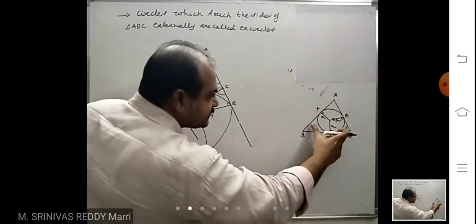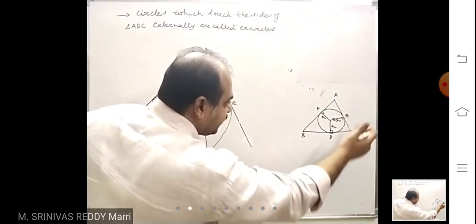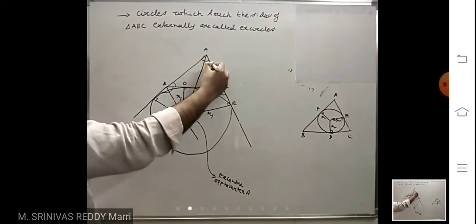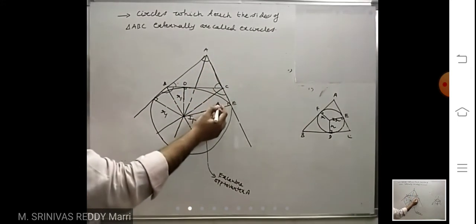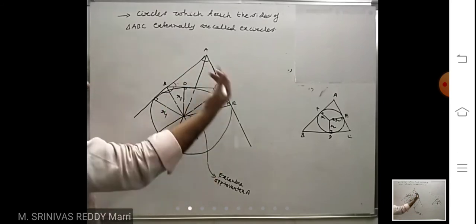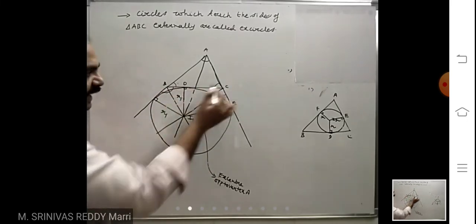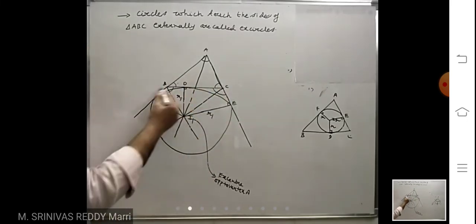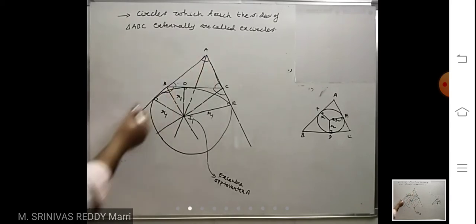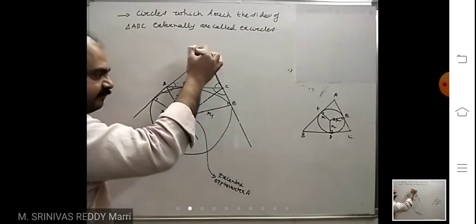Look here, the incircle touches the sides of ABC internally. But this circle is not touching internally. It is touching the sides externally, outside the triangle. This circle is touching side BC. Next, it is touching AB, but the extended one, externally. It is touching AC, the extended one, externally.